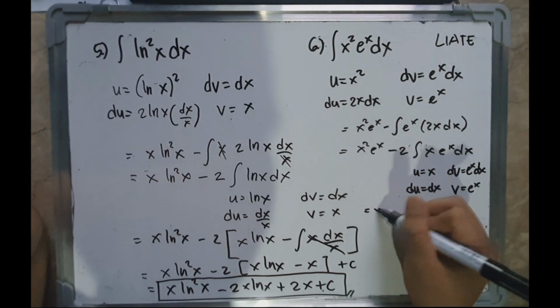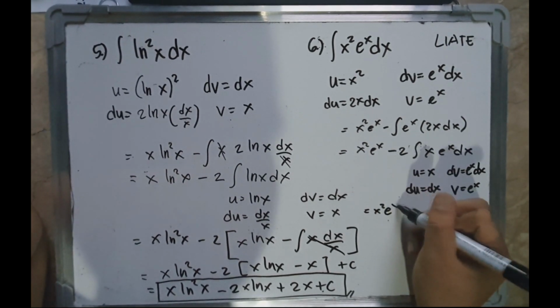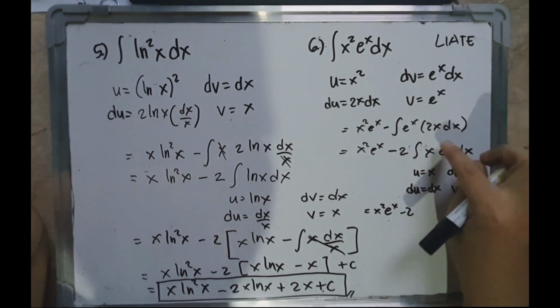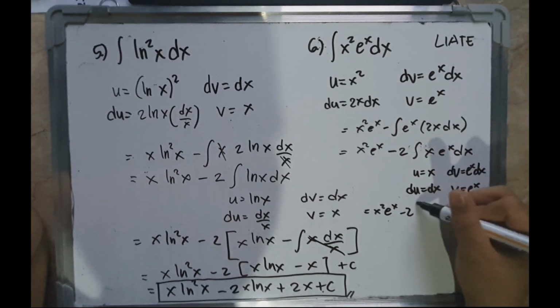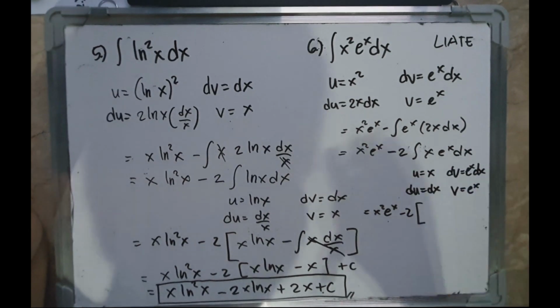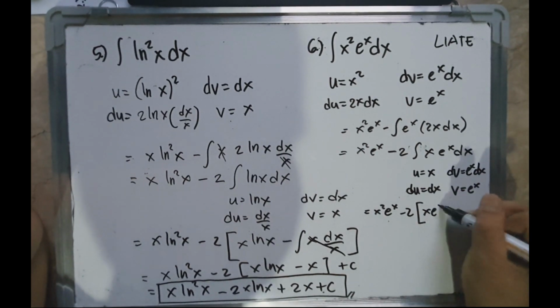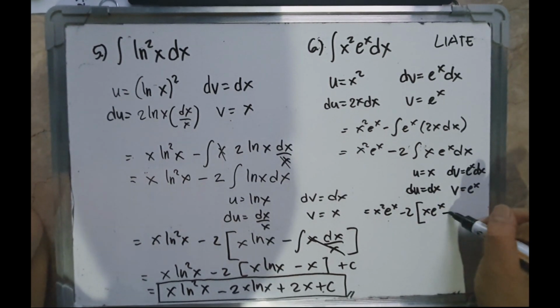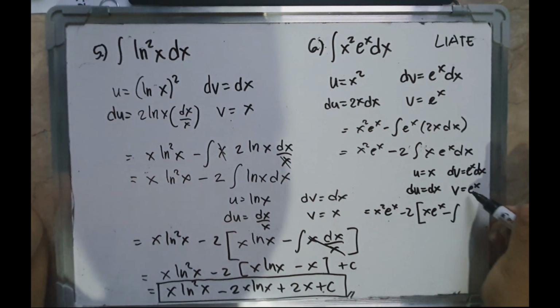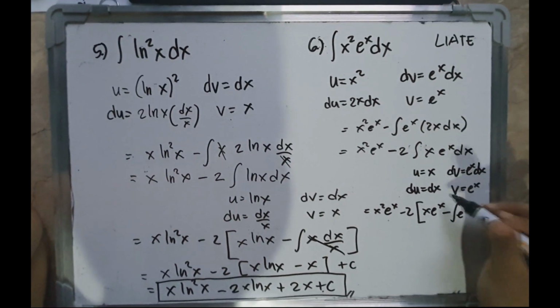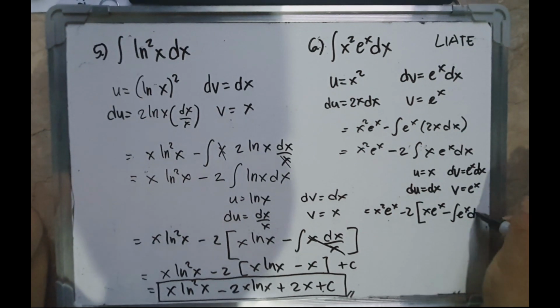We have x squared e to the x minus 2. Evaluating this one will be the integration by parts of u times v, x e to the x minus the integral of v, e to the x, and du, dx.